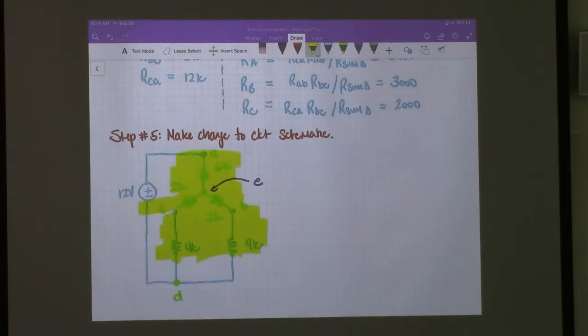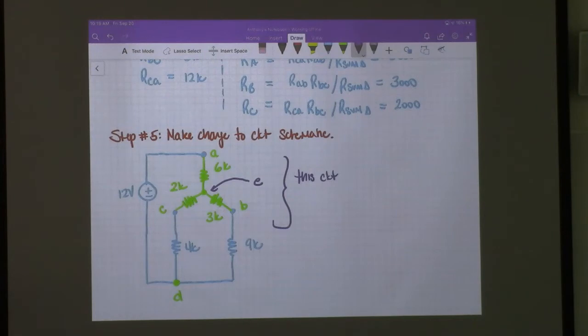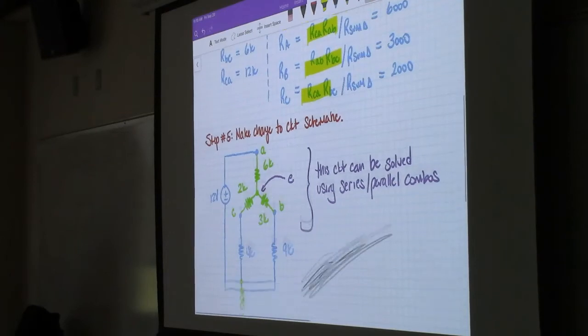Like we saw in one of the other very preliminary examples, this circuit can be solved using E and the 2 kilo ohms.